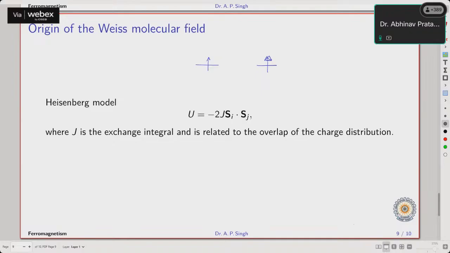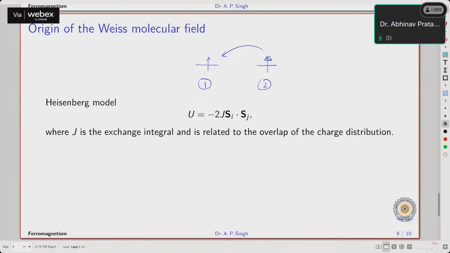Now, think about it. If this electron wants to come over here, will it be possible? Let us call this electron number 1 and this electron number 2. Will it be possible for electron number 2 to arrive at the site of electron number 1? No. Why not? Repulsion will be there, that is correct.